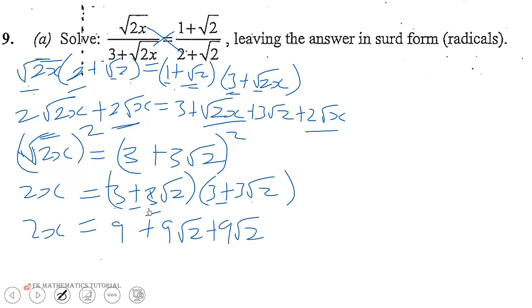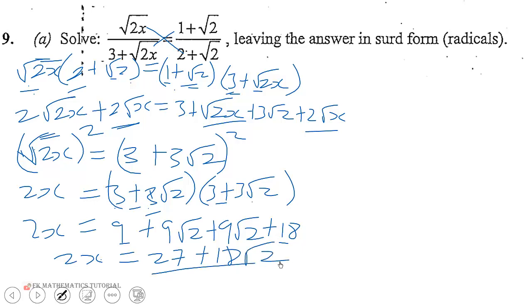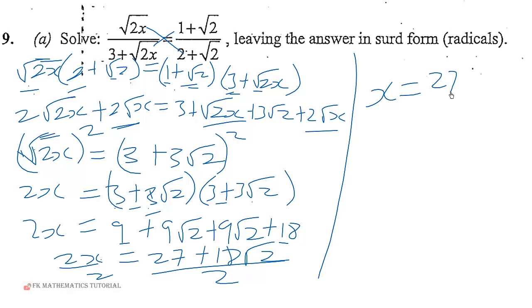And this will give us 9 times 2, which is 18. So we get 2x is equal to 18 plus 9 is 27 plus 18 root 2, all over 2. So x will be equal to 27 plus 18 root 2 over 2.